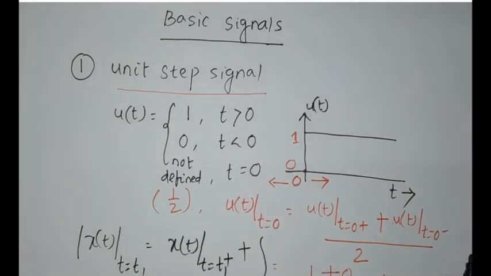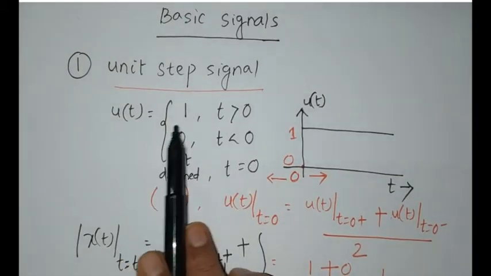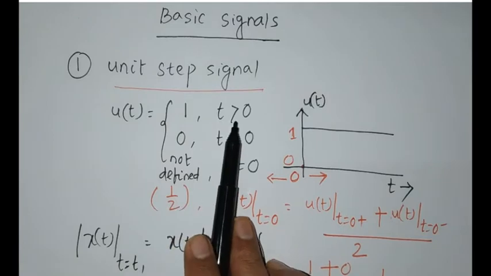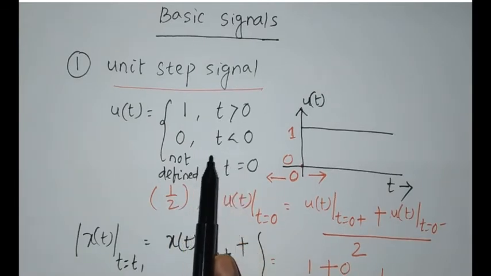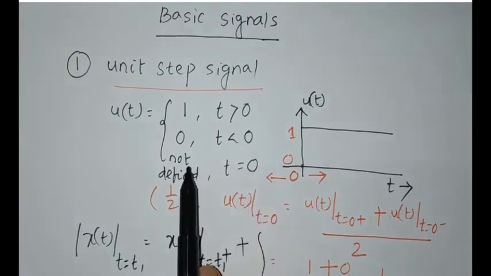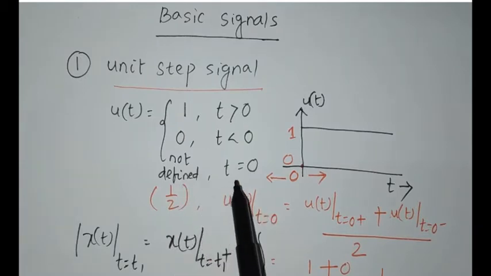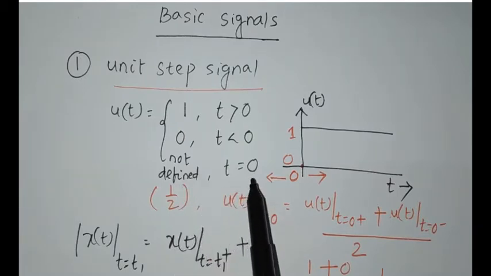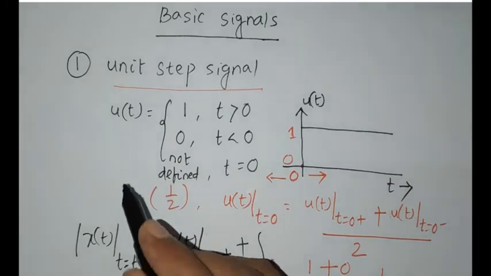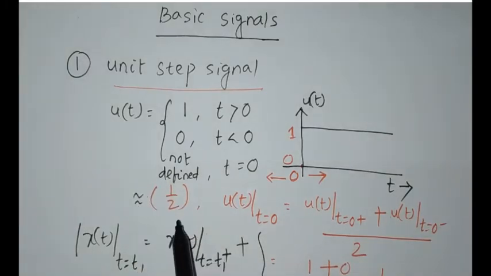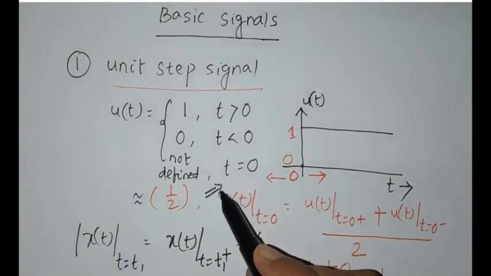Now this is the first basic signal, the unit step signal. u of t is 1 for t greater than 0 and 0 for t less than 0, and not defined at t equals 0. This is the exact definition, and approximately we can also take the value half at t equals 0.